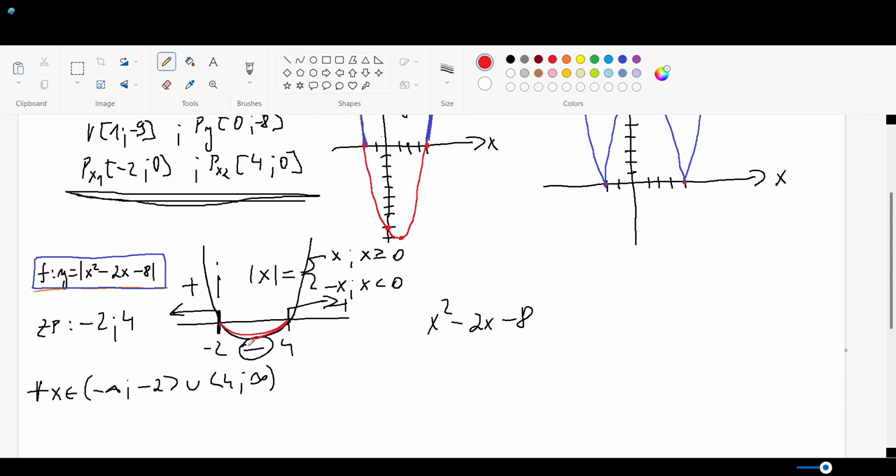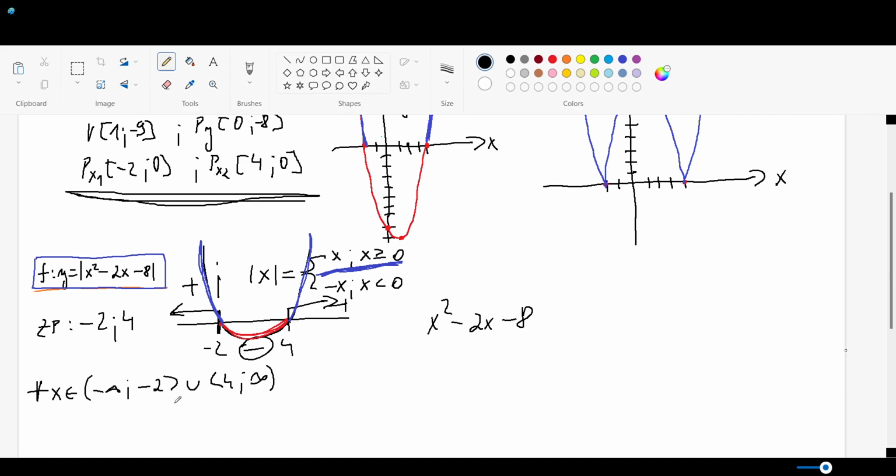Why is it so? Because, as you can see, this part of the parabola is under the x-axis, so the y coordinates are negative, and for this part of the parabola the function is positive.